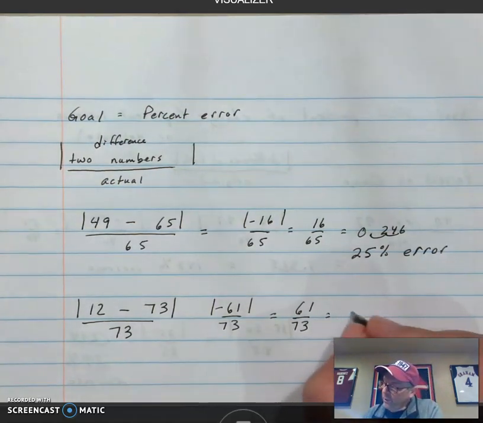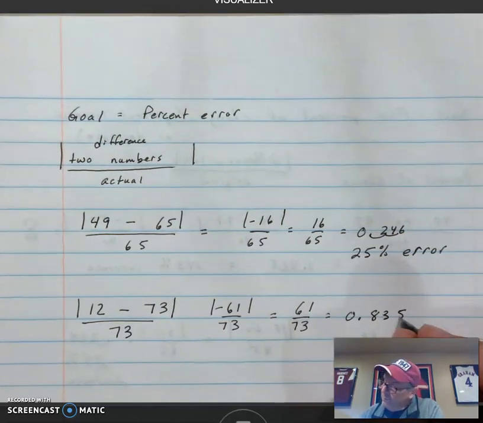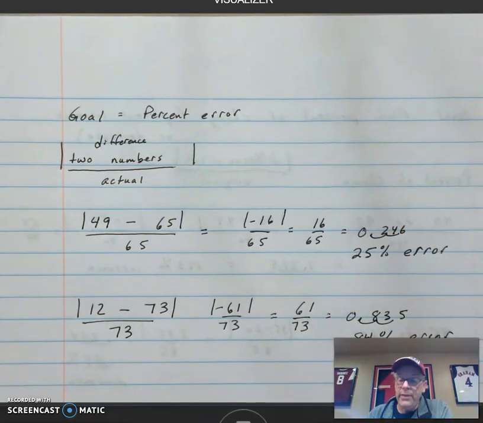You end up with 0.835, 2 places, so you made an 84% error. I think probably your career of being able to tell apples in a bag is over.